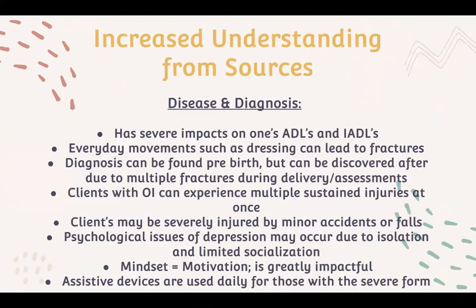So, some key takeaways that I had from these sources for the disease and the diagnosis is that it has severe impacts on one's ADLs and IADLs. Everyday movement, such as dressing, can lead to certain fractures as well. Diagnosis can be found before birth, but can be discovered after due to multiple fractures during delivery, even during assessments. Clients with OI can experience multiple sustained injuries at once, so it is very important to be mindful of that when treating patients.